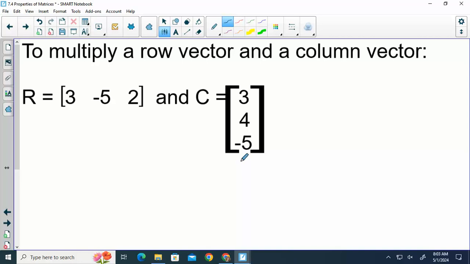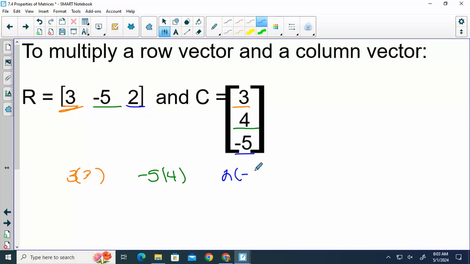So how this works is we multiply the corresponding numbers. So we do 3 times 3. We do -5 times 4. We do 2.